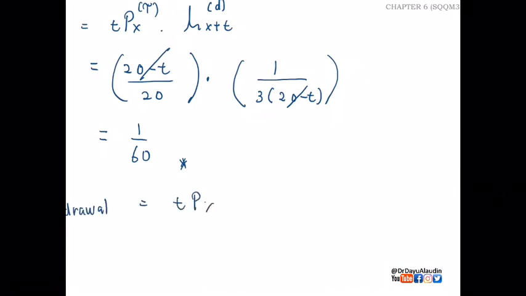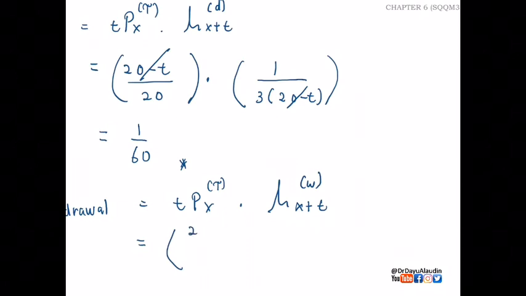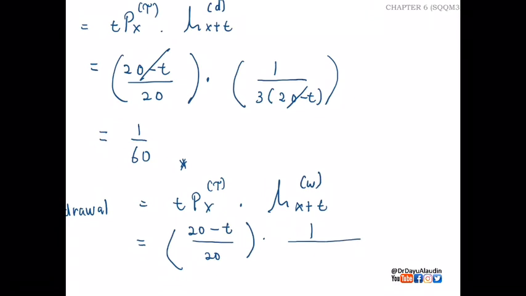Same, we use tPx tau as well, but this time we multiply with the force of mortality for withdrawal, and the answer is 1 over 30.